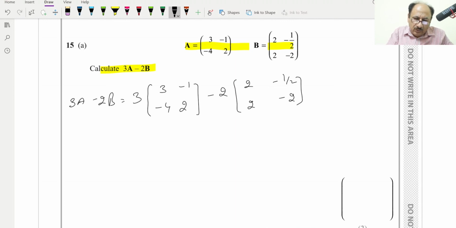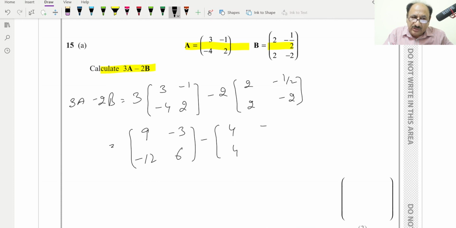Now we can multiply. This will be 9 and minus 12 and minus 3 and 6, and this one also we can multiply inside. So minus, this will be 4, 4 and minus 1 and minus 4, and now we can subtract. 9 minus 4, minus 3 minus minus 1, and minus 12 and minus 4, and 6 minus minus 4.